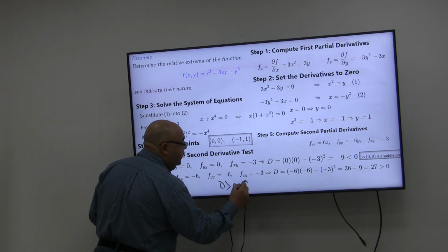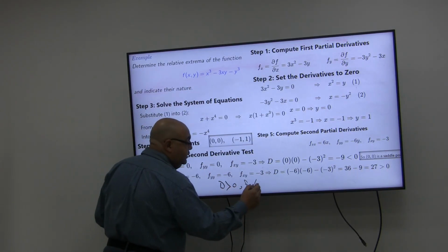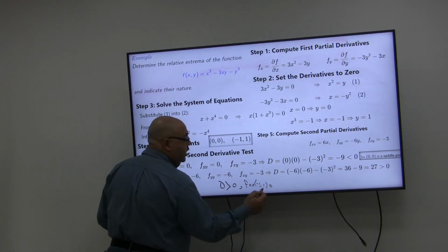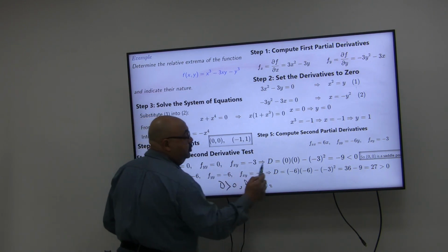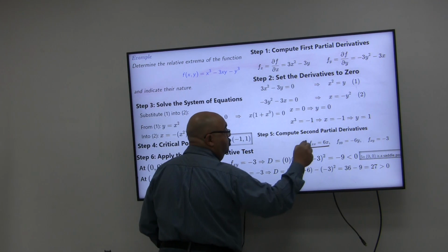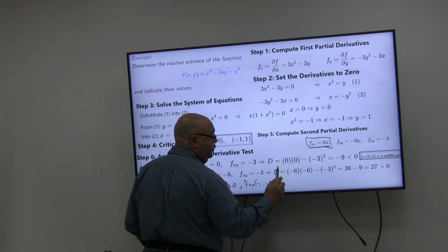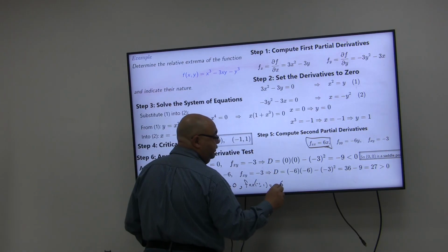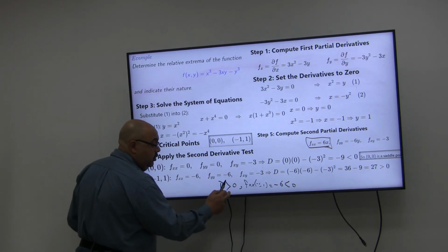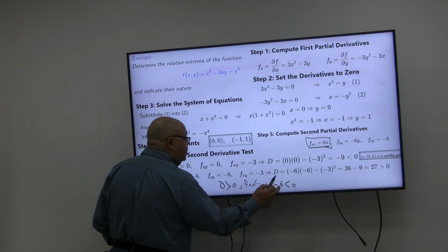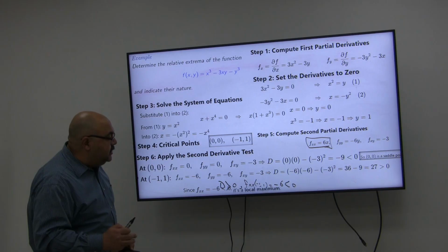I will need to find the value of f double x exactly at -1 and +1. So I'm using these two values, and I'm going to substitute in this value only. Replacing x by -1, it's going to equal -6, which is less than 0. So once D is greater than 0 but f double x is less than 0, it means you have a maximum point, as you can see.